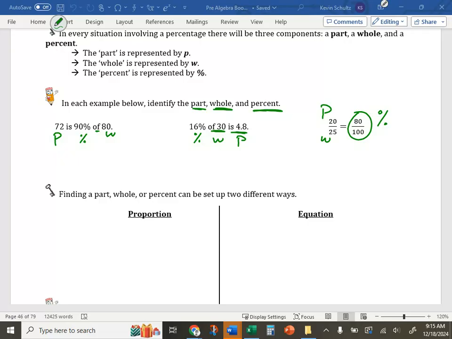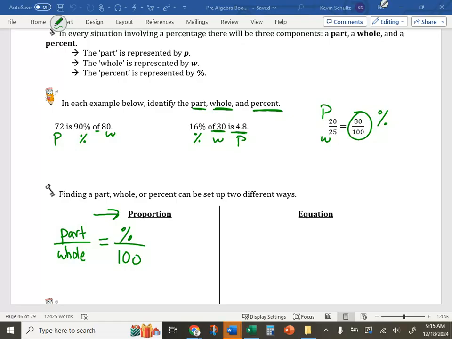So, finding a part, a whole, or percent can be set up using two different ways. I think most of us are going to like the proportion method because we've been getting really familiar with it. But the formula is part over whole equals the percentage over 100.